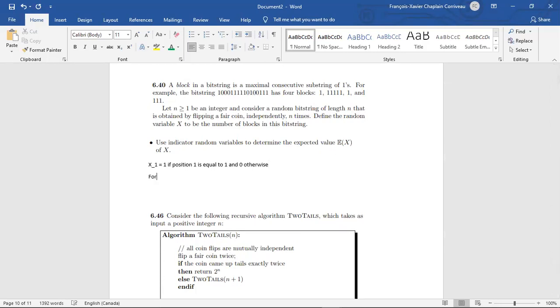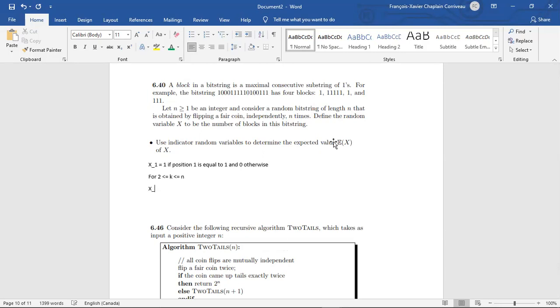Now for, let's say, k with 2 less or equal to k less or equal to n, I'm defining xk. For the other positions, what do I care about? If the thing before me was a 1. If it was a 1, then I know I'm not a new block. So I need to be 1, and I need the previous guy to not be 1.